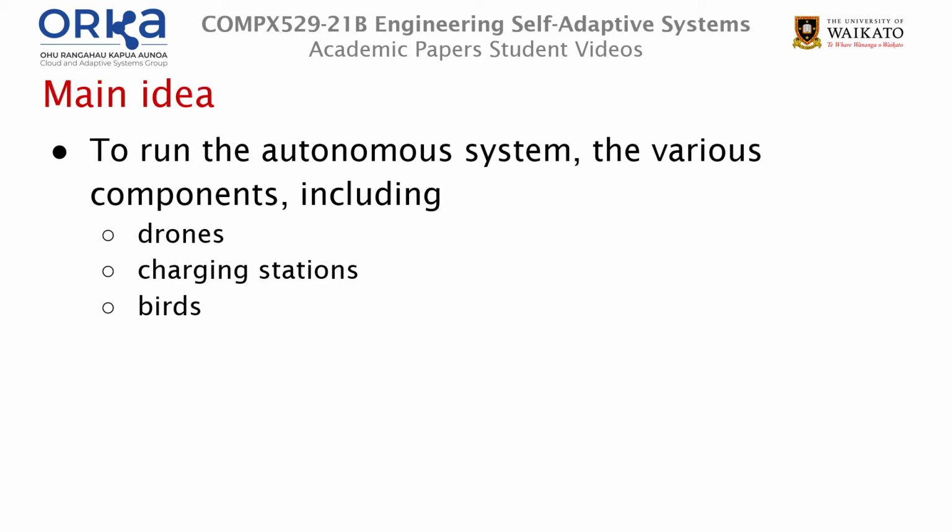So the main idea of the system is to run various components including drones, charging stations, and birds. Those are modeled as components coded in terms of ensembles, time-bound space, and time.